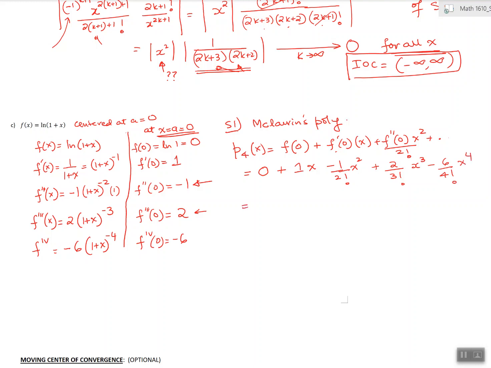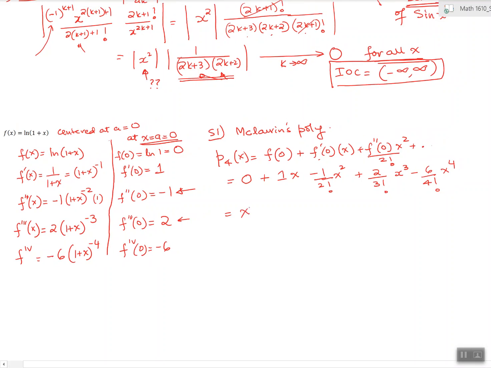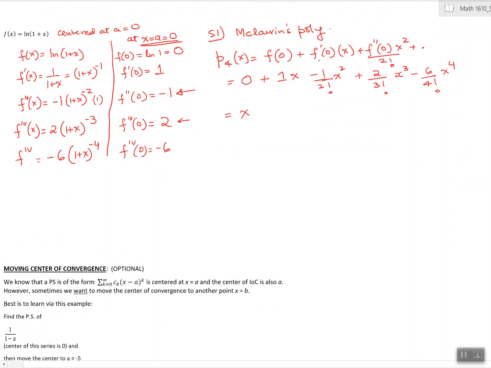Okay, so let's clean it up. I get x minus x squared over 2 plus, now 2 is in the numerator here and 3 factorial is 6, so 2 and 6 can cancel and leave me with a 3, so I have x cube over 3.